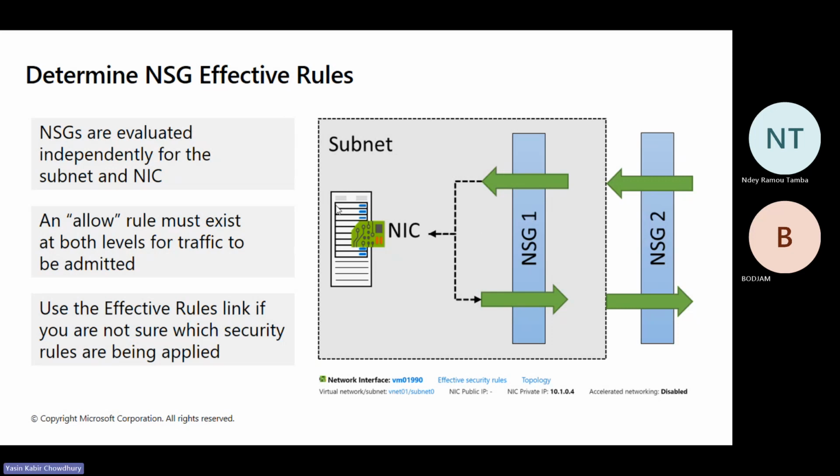One is NSG1, used especially for this machine, and another is NSG2, imposed on the subnet, and that machine is under that subnet. That's why this machine contains two network security groups. So the machine may be confused about which security group to give priority to when maintaining the rules. At that time there is an option where you can set the effective rules and tell which one will be the most effective. After that, the other will be used.